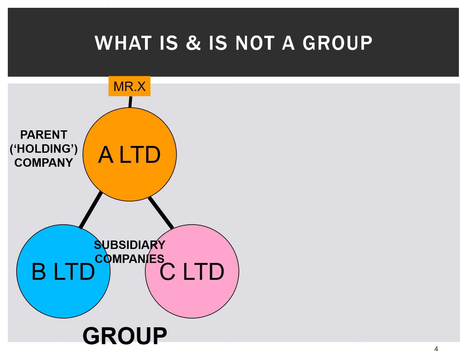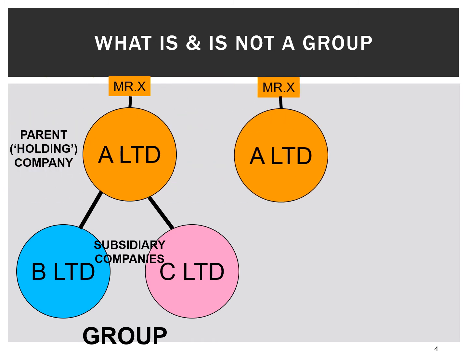Now that makes up a group, and although A Limited owns all of the shares in B Limited and C Limited, all three of those companies are owned by Mr. X, and ultimately Mr. X has control over all three because he can decide what A Limited does, and therefore he can instruct A Limited as to what decisions A Limited makes regarding B and C Limited.